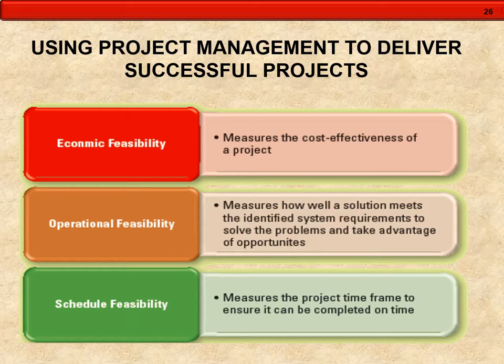Technical feasibility measures the practicality of a technical solution and availability of resources and expertise. Political feasibility measures how well the solution will be accepted in a given organization. And then last, legal feasibility measures how well a solution can be implemented within the existing legal and contractual obligations.